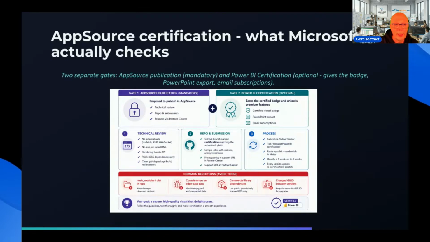So you are requested to create a dedicated GitHub environment where you publish all your code and ensure that Microsoft has access to that and can start checking it. They will do a full check on your code at that moment in time. And once that's approved, that takes around 2 or 3 weeks.